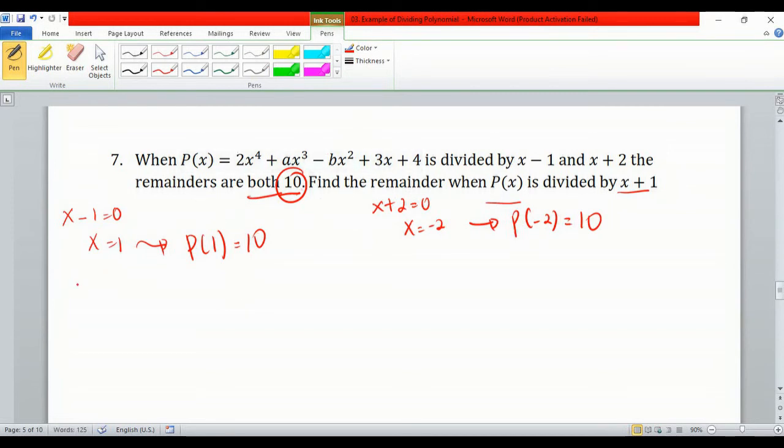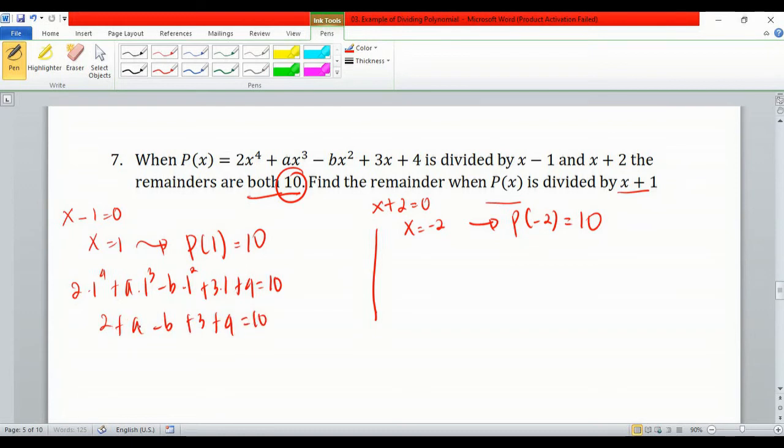So 2 times 1 power 4 plus a times 1 power 3 minus b times 1 power 2 plus 3 times 1 plus 4 is equal to 10. So here 2 plus a minus b plus 3 plus 4 equals 10. 2, 3, 5, 9. So a minus b equals 10 minus 9. So a minus b equals 1.